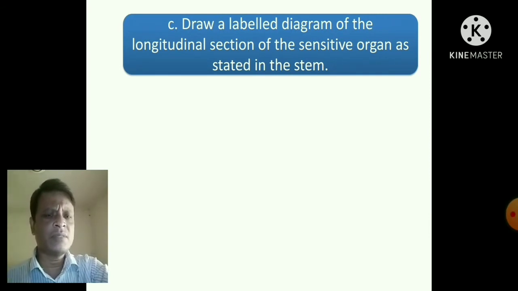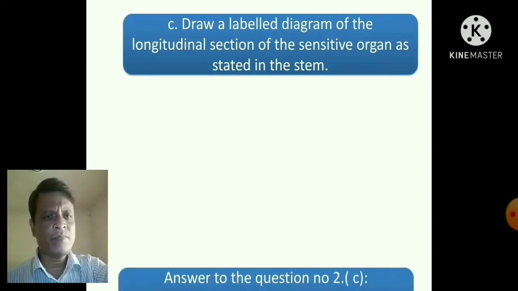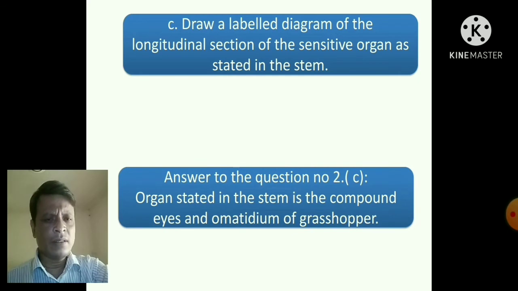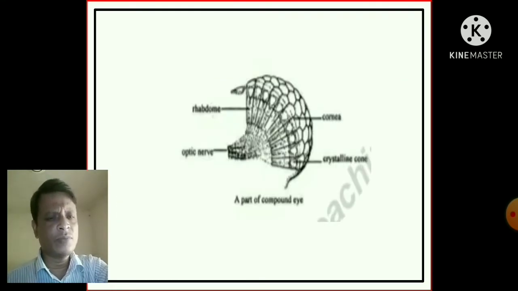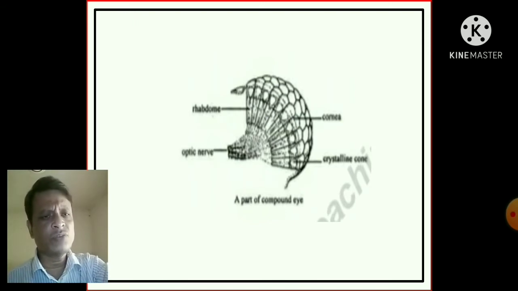Now the question C. This is the application-based question. Draw a labeled diagram of the longitudinal section of the sensitive organ as stated in the stem. The answer: the organ stated in the stem is the compound eye and ommatidium of the grasshopper. This is the figure of the compound eye of grasshopper.